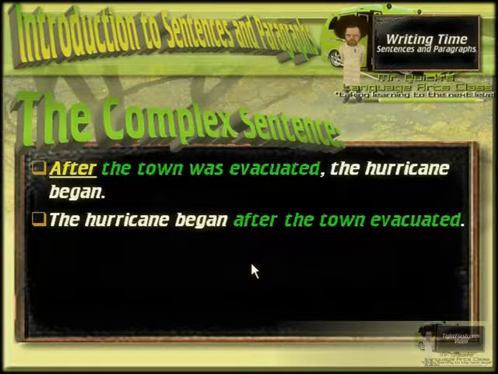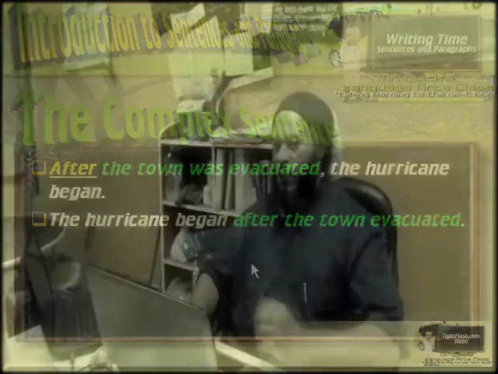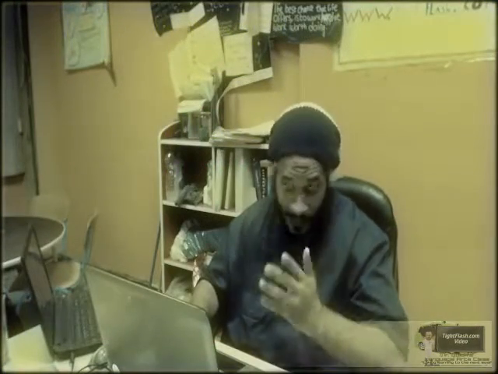Another way we can look at it, and we could just consider the whole clause, including the subordinating conjunction, we can call it a dependent clause. If we put the dependent clause first, then we need a comma before the independent clause. If we put the dependent clause second, then we don't need a comma between it and the independent clause that comes before it. So this is a very simple concept to get, this comma rule, but it's very, very important.